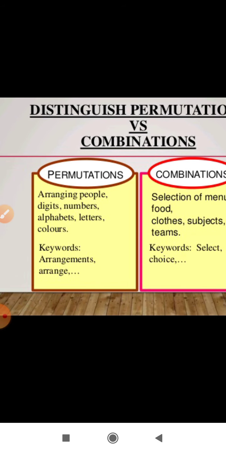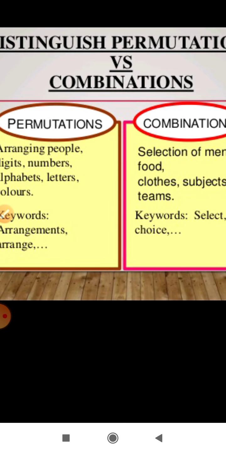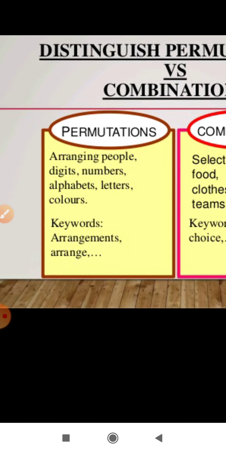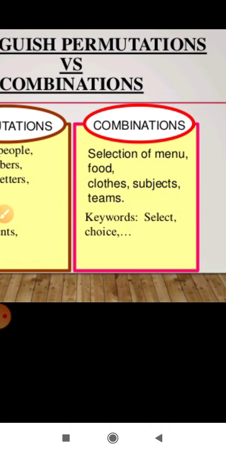Distinguish permutation versus combination. What is the difference between permutation and combination? How can you distinguish between the two? Permutation is arrangement of things, arrangement of people, arrangement of numbers, arrangement of letters, and the keywords are arrangement and arrange. Selection is a menu, food, clothes, subject, team, and the keywords are select and choice.